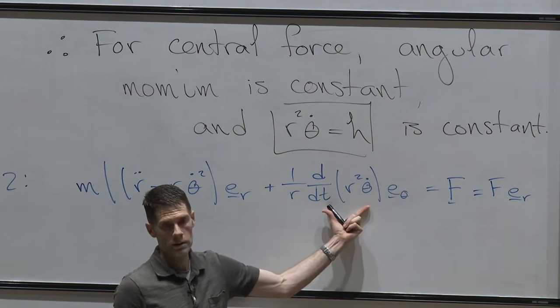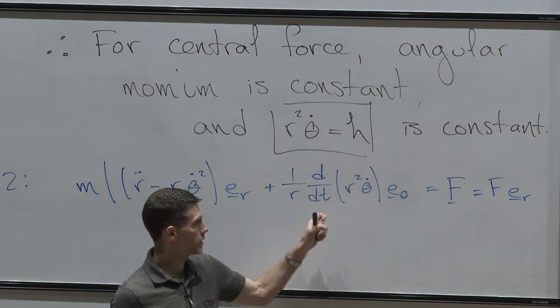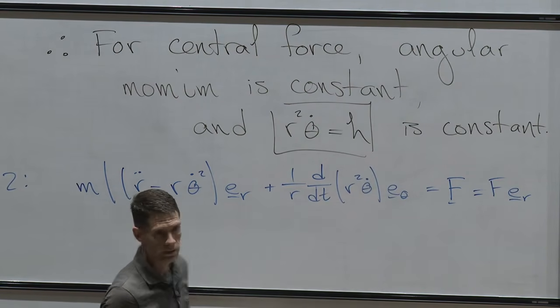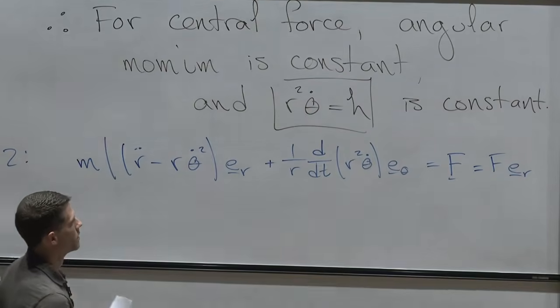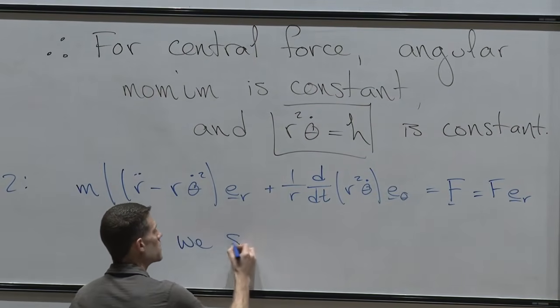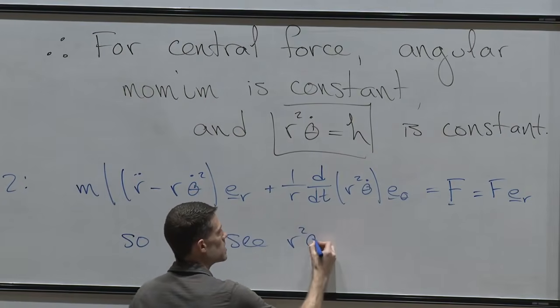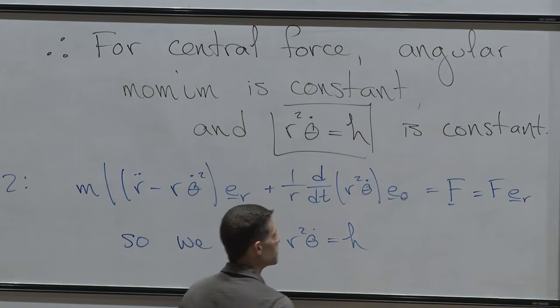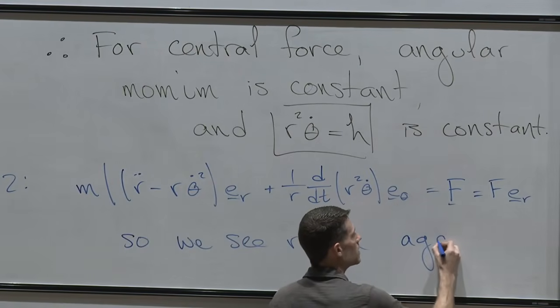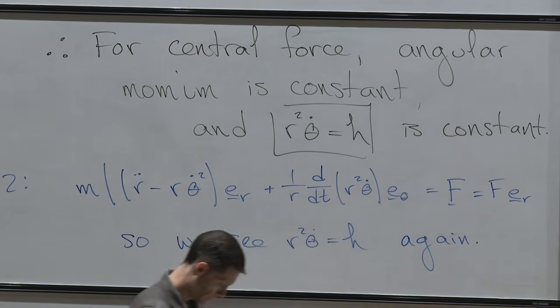So this must be 0 for a central force, and since we've written it this way as a d/dt, this thing must be constant. So we conclude the same again. Okay, a different route to see the same thing.